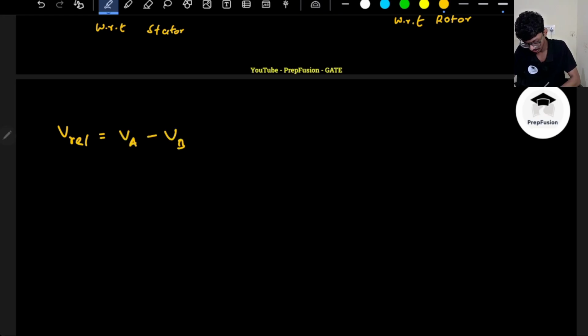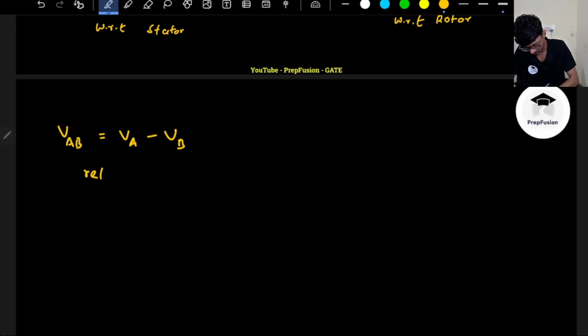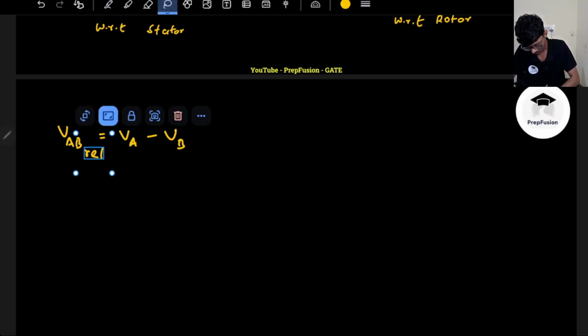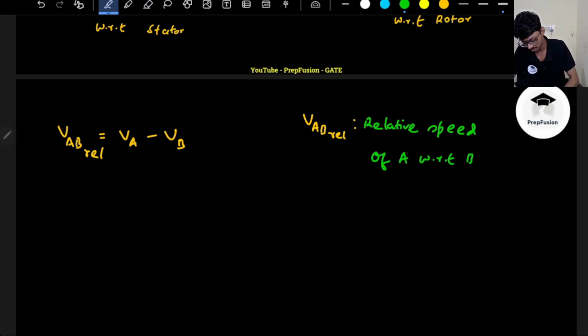You have to find VAB relative, the speed of A with respect to B. This is just class 11 physics: the relative speed of object A with respect to object B. So it will be simply VA minus VB.